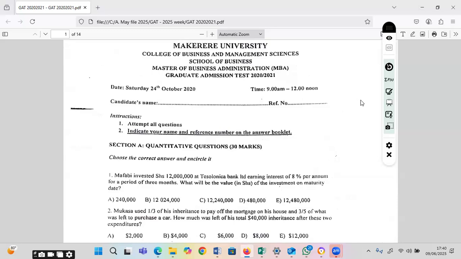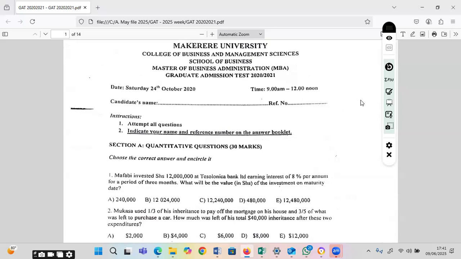Why? Because you are hearing about investment, meaning that is the amount of money he invested. Then when you look at the interest, meaning that is the interest rate per annum, meaning every year, but he is investing it for a period of 3 months.